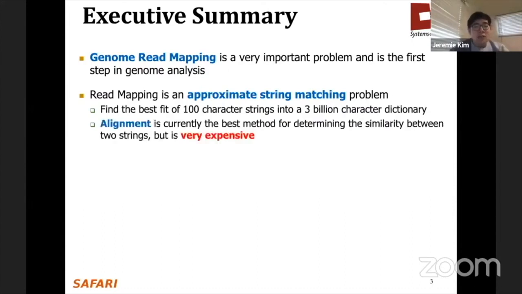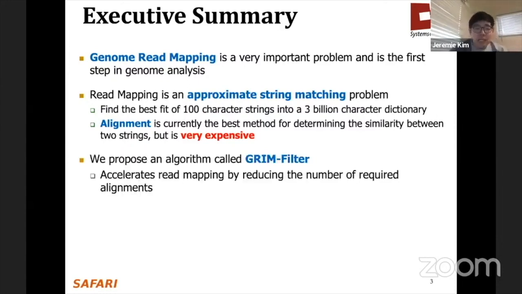So alignment is currently the best method for determining the similarity between two strings, but it's very expensive as it relies on an n-squared dynamic programming algorithm. And so we propose an algorithm called GRIM-Filter, which accelerates the read mapping process by reducing the number of required alignments.